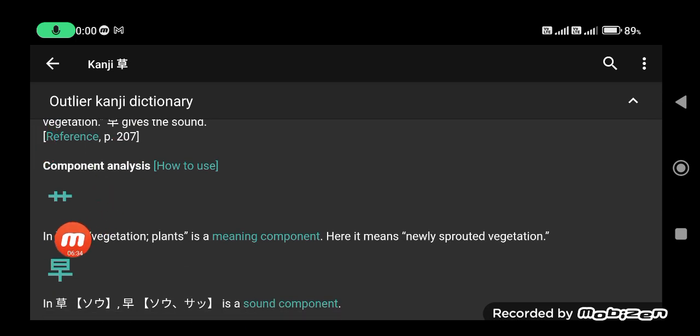Now I will show you that this kanji radical or component is crucial in relating or recalling the meanings of the kanji characters that it has a critical part on.